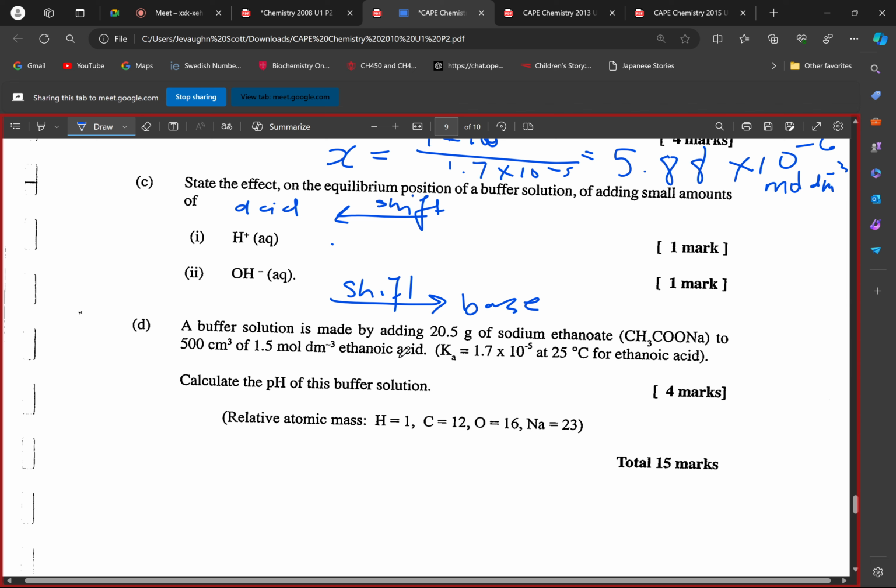So, sir, the first thing we would do is find the molecular mass for sodium ethanoate. Mm-hmm. So find the molecular mass, then we would find the number of moles of sodium ethanoate.